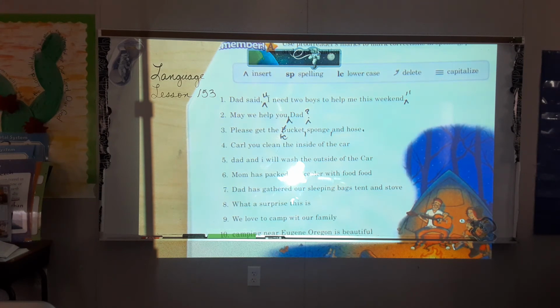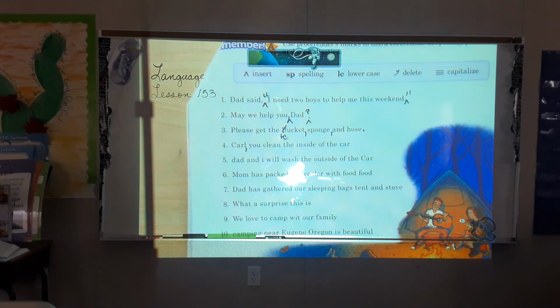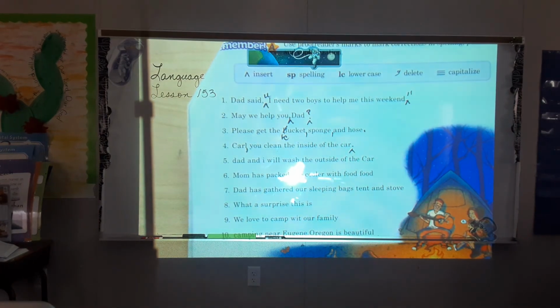The next one. Carl, you clean the inside of the car. I am talking to Carl, so there's a comma. And it's a sentence and it ends in a period. Number 5.